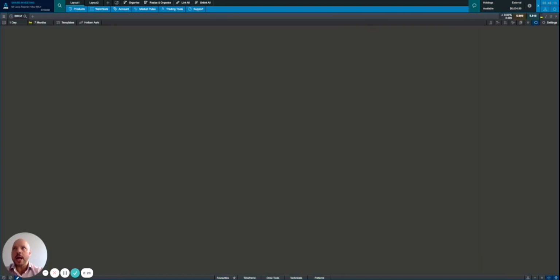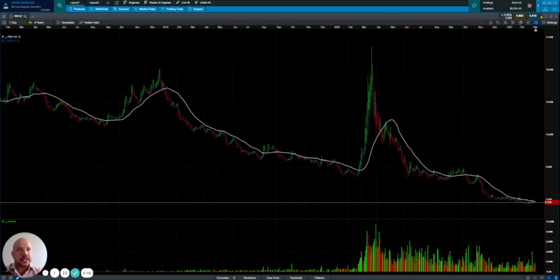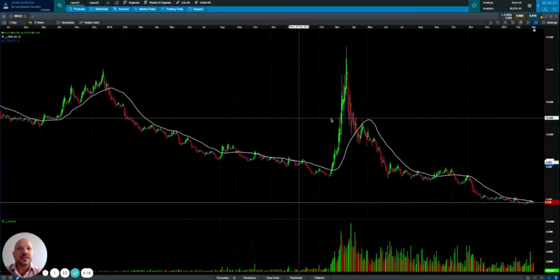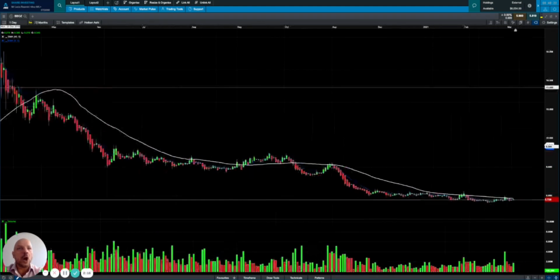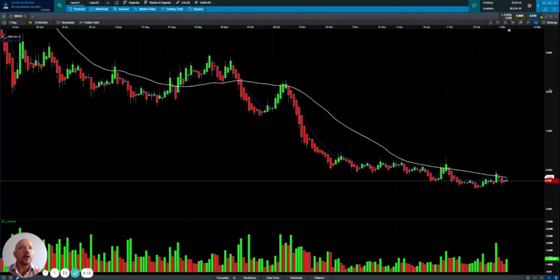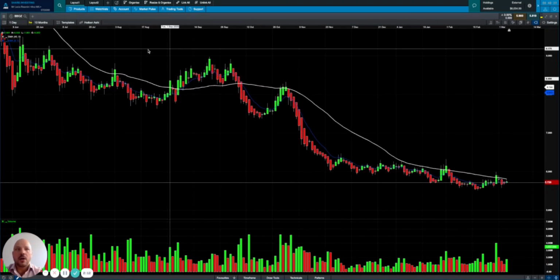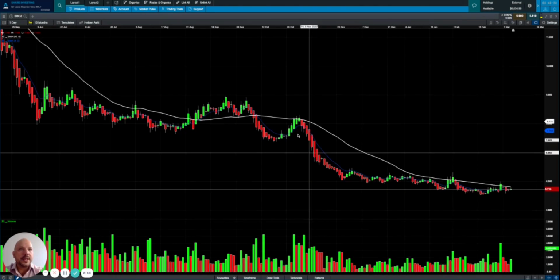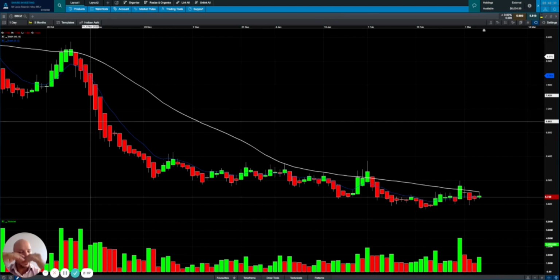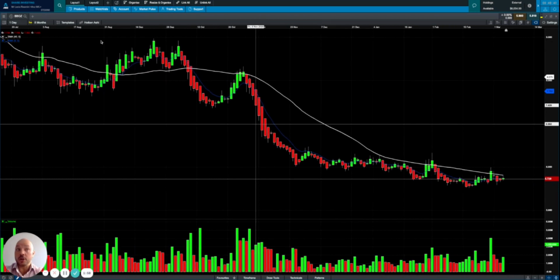It's a leveraged fund that reflects the opposite movement of the market. So basically, if the market falls 2% today, for example, BBOZ most likely will go up 5% because it's a leveraged short position.